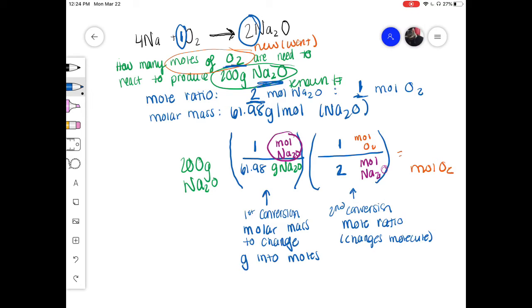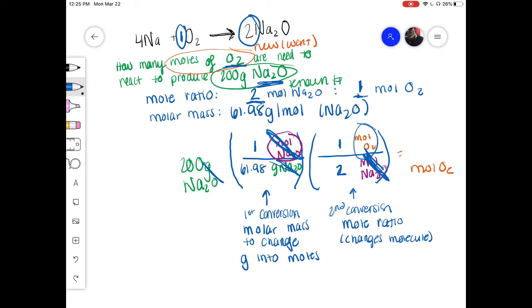Actually, before our last step, we're going to make sure that our units cancel out. We start with grams of Na2O, and on the bottom we have grams of Na2O, so they cancel out. Our first new unit is up top, and it should match our second old unit on the bottom, which they do, so these cancel out. What we're left with is moles of O2, which is our answer.